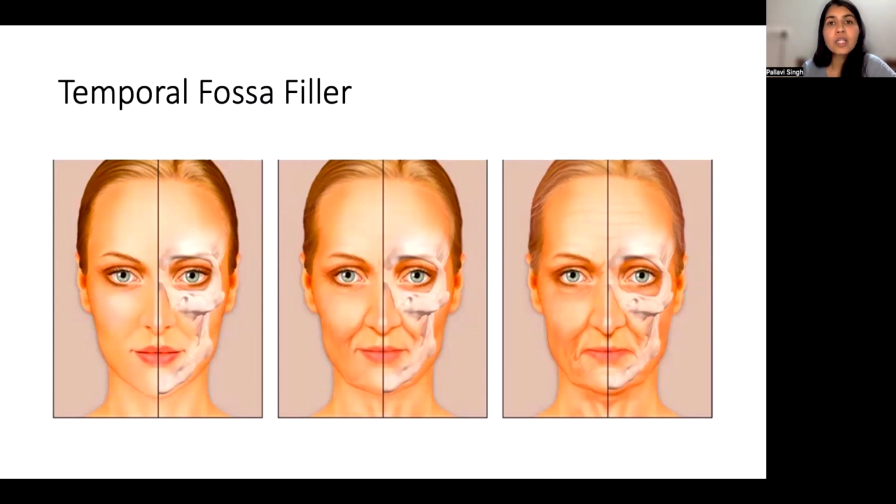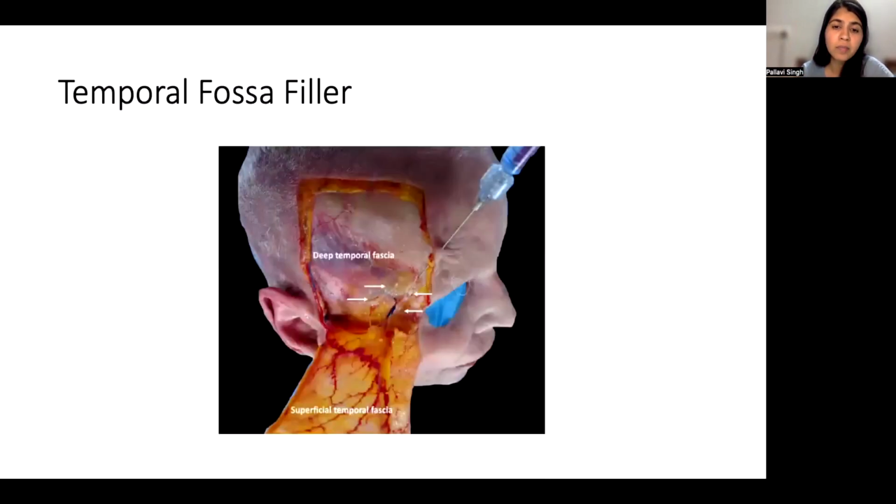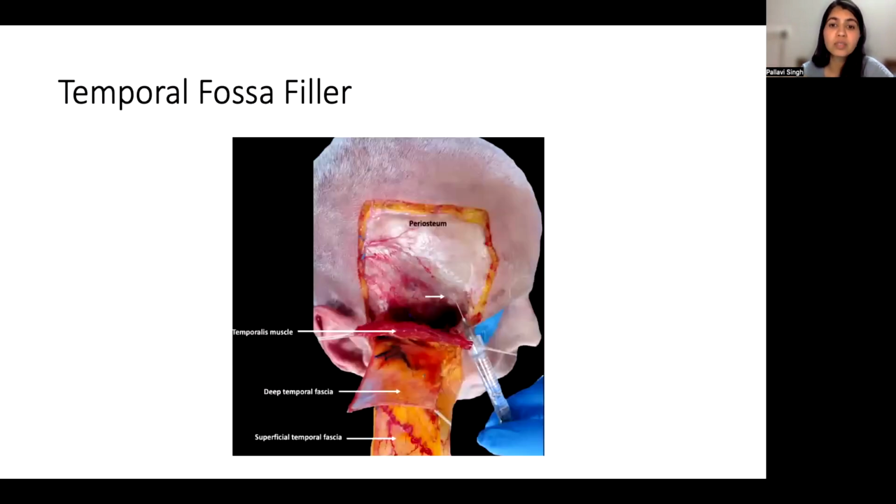So when we're trying to rejuvenate this area, what we really want to do is just fill out that concavity. Now, we know that the neurovascular bundle in this region lies between the deep and the superficial temporal fascia. So what I like to do is just go straight down to the bone. You're piercing through the muscle as well, and if you're injecting over the periosteum, you know that it's pretty safe.